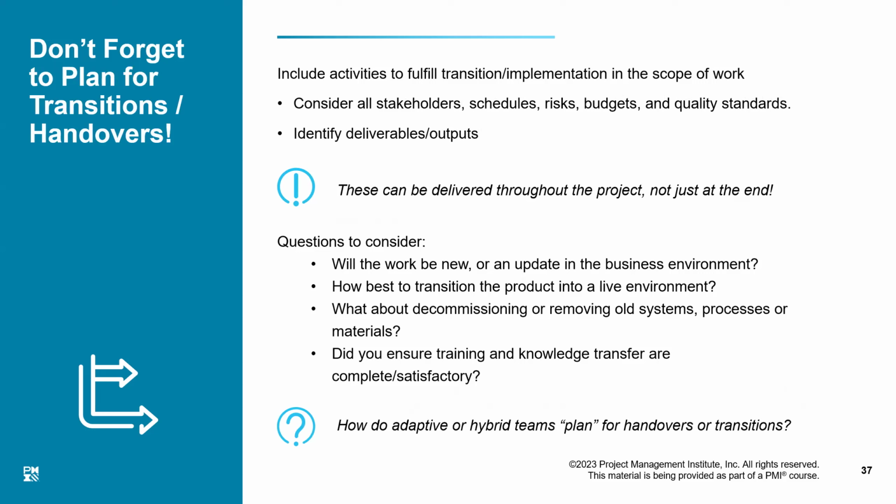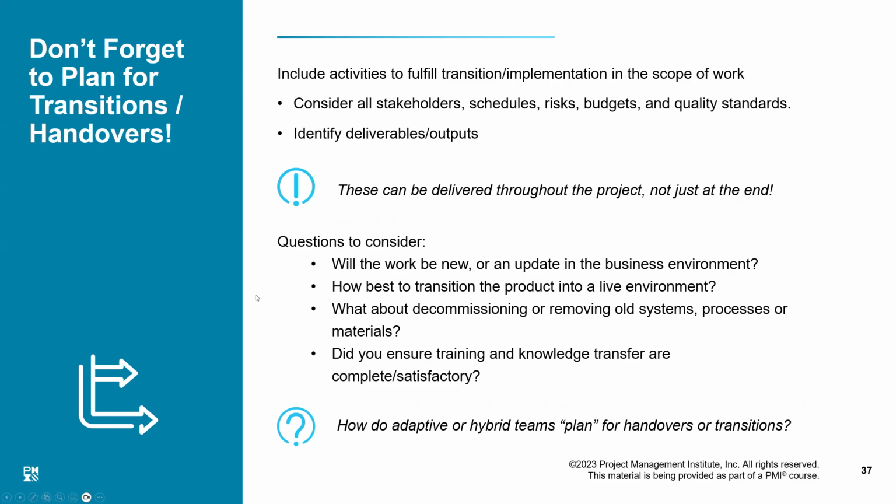You have to install it in their facility. You have to train them. You have to transition the knowledge to them so they can be comfortable running the show on their own. So you must consider if there is any transition or handover requirement in addition to acceptance criteria. Rather, I would say that would be part of your acceptance criteria.